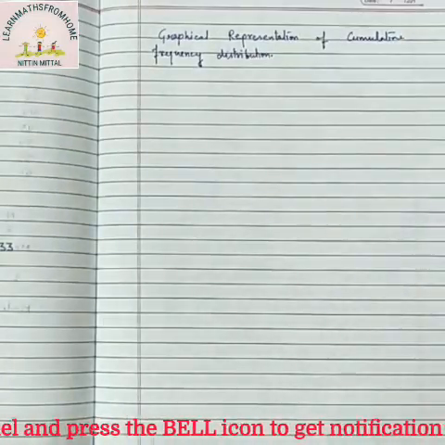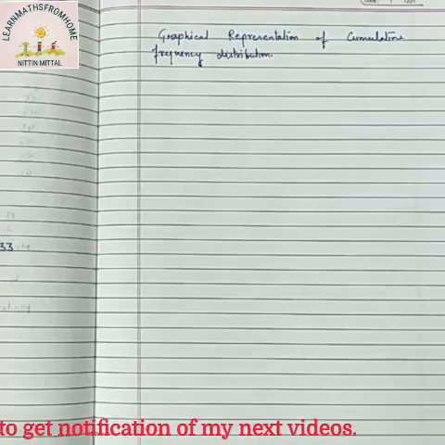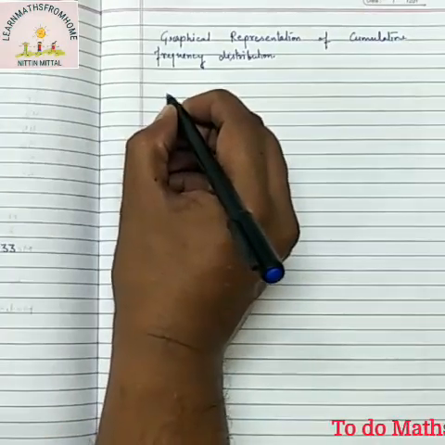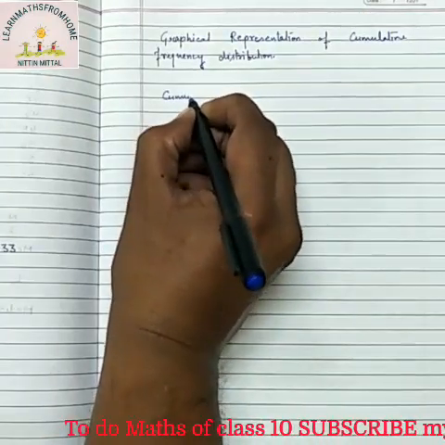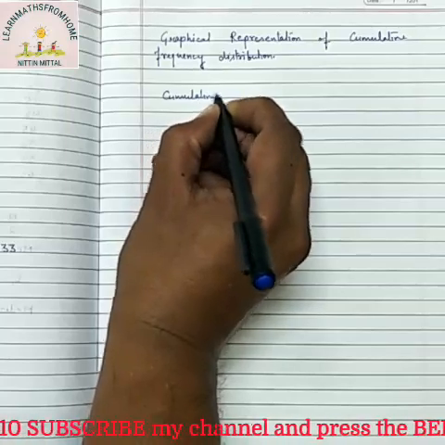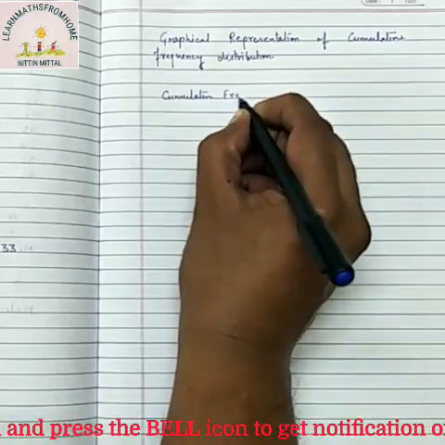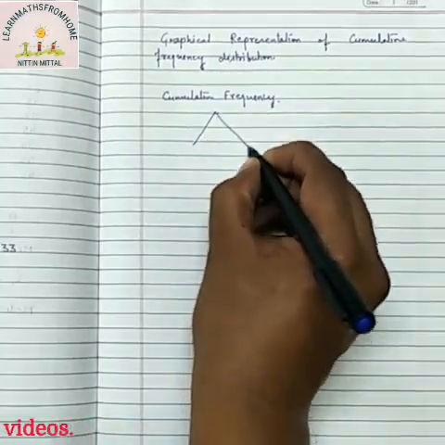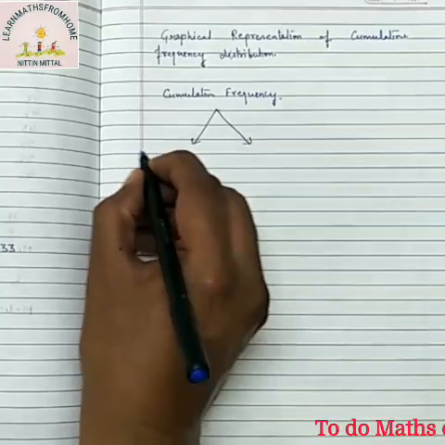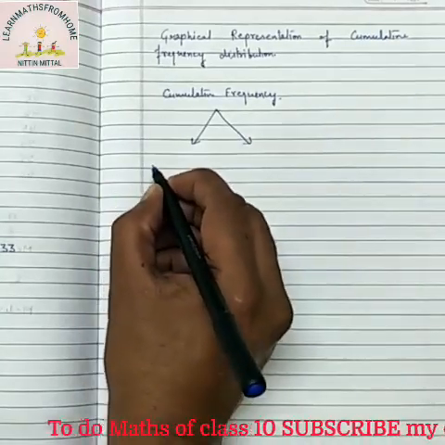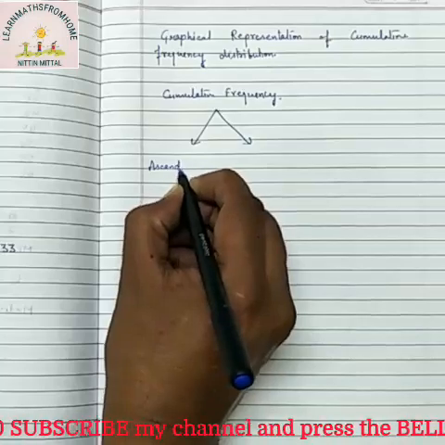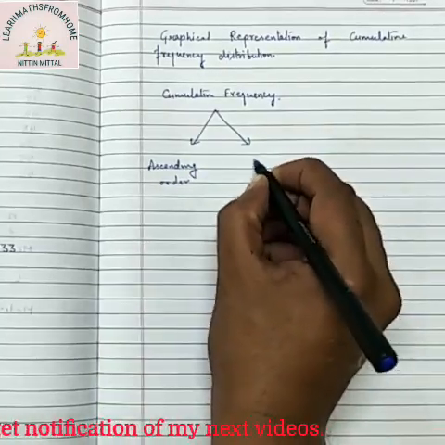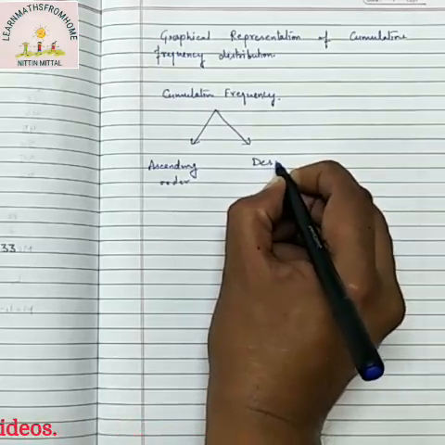Now cumulative frequency can be of two types. One, it can be in ascending order, or second, it can be in descending order.